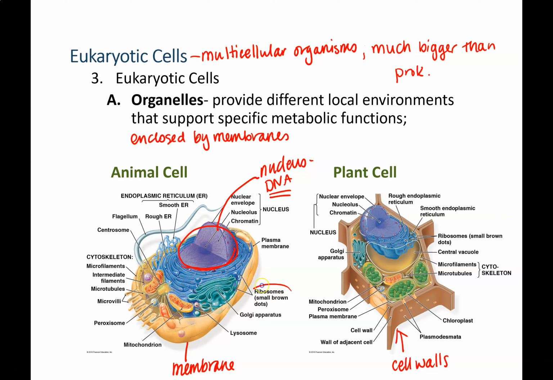Ribosomes are represented by little dots here, but remember, those ribosomes are what is going to express our information. So we're going to take information from DNA, send it to the ribosomes, and the ribosomes are going to produce proteins for us. Some of these other components we'll talk about a little bit later. Mitochondria and chloroplasts contain their own DNA.